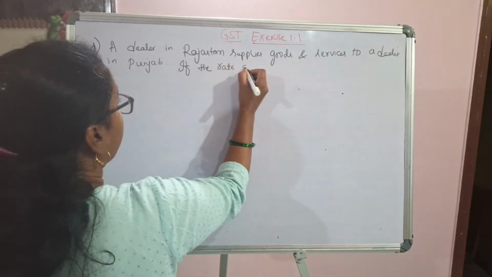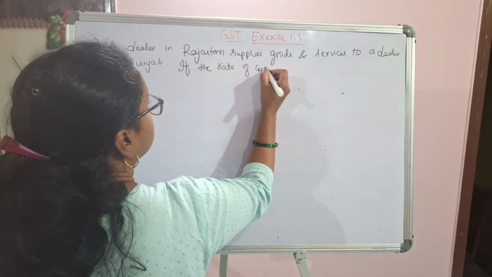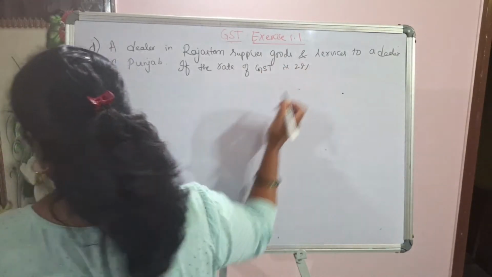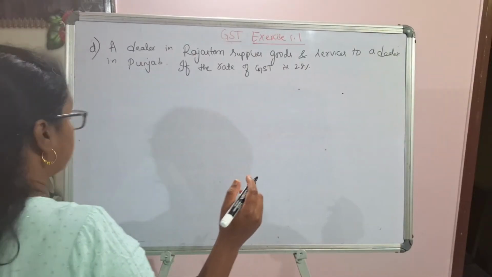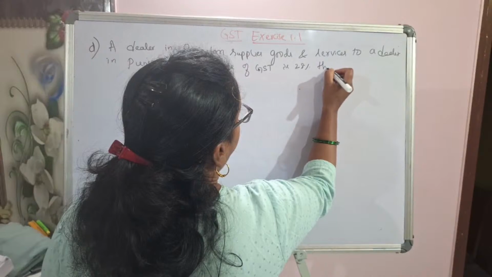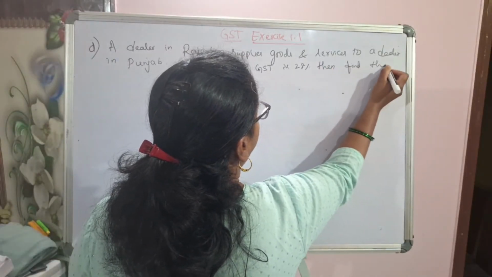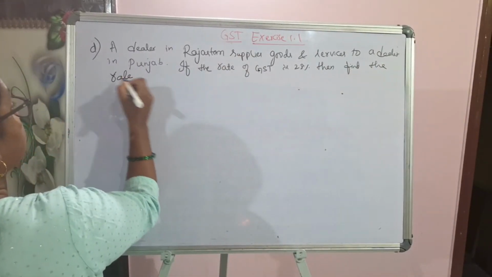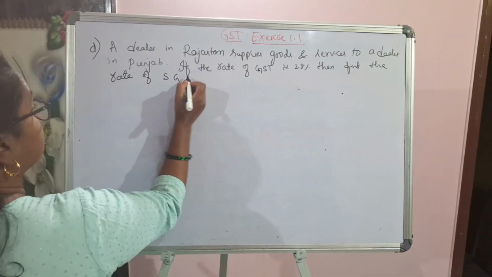If the rate of GST is 28%, then find the rate of SGST.